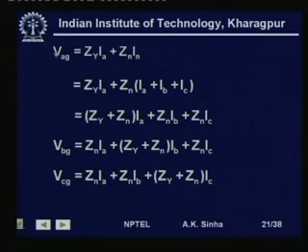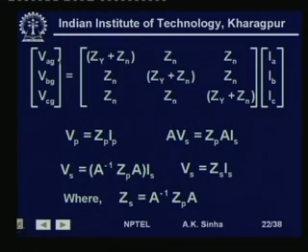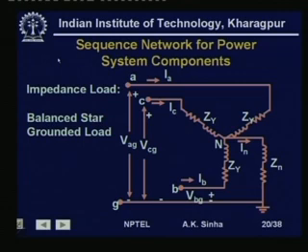If we write the voltage relationship VAG, what is this voltage? This voltage is going to be equal to IA into Zy, this drop which is taking place, plus IN into Zn.